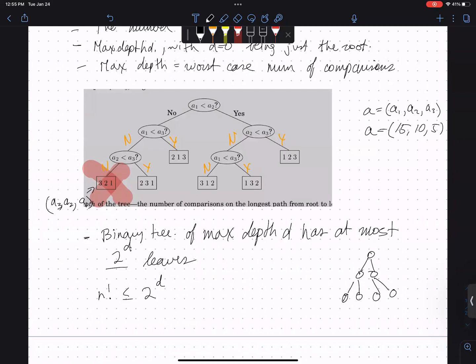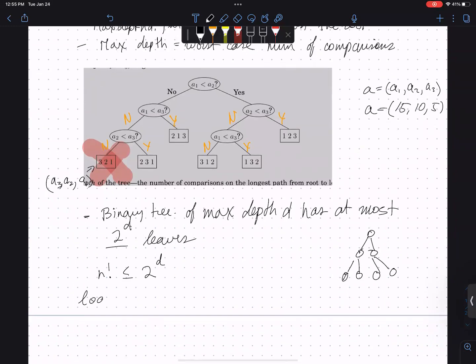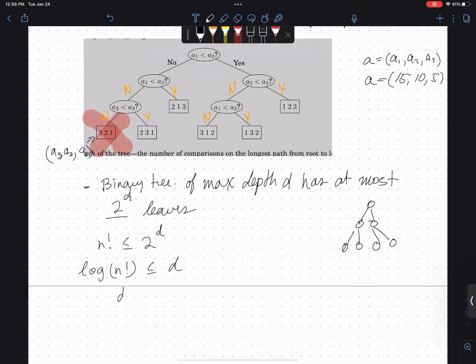So what is the max depth? Let's take a log: log of n factorial is less than or equal to D. Okay, so D is at least log n factorial. We can write this as omega of log n factorial.